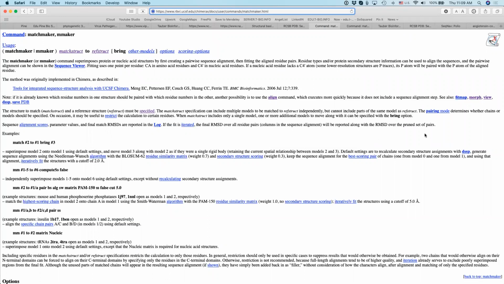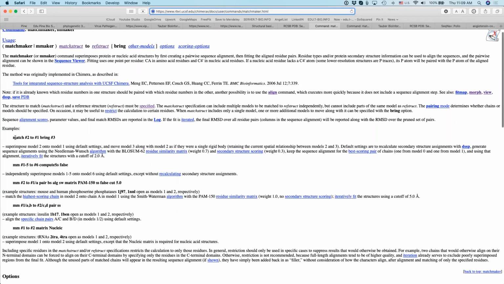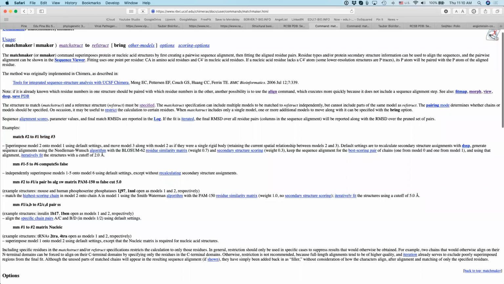I want to quickly show you another option. Here, what we did was this example. You can use it with multiple sequences or just one sequence. There's also a more superimposition modeling component where less similar structures could be used.